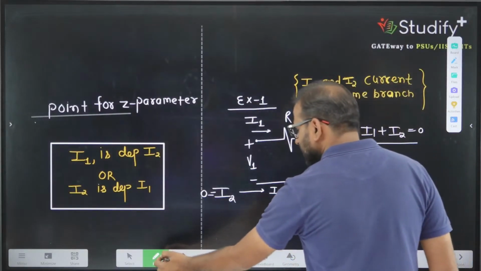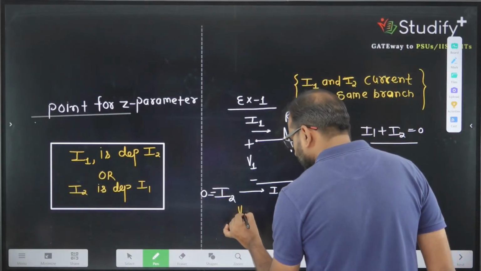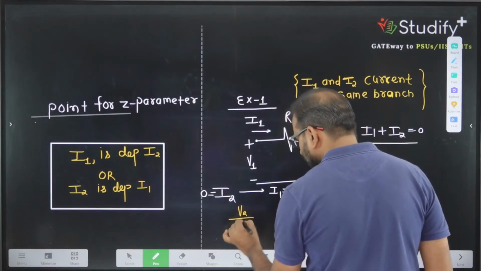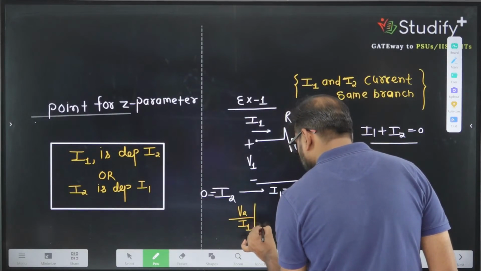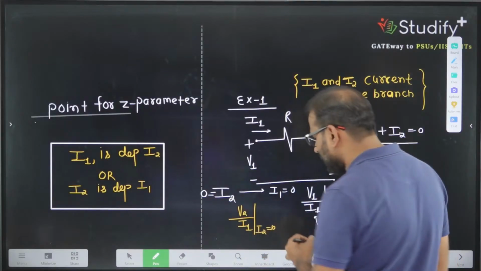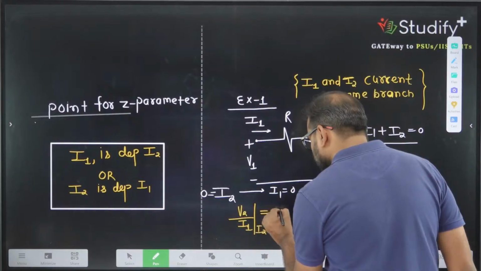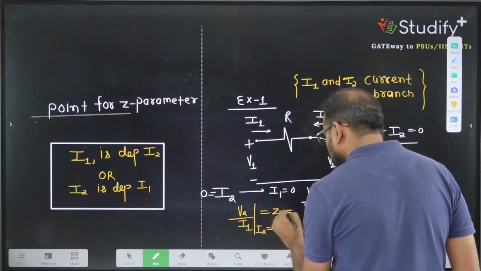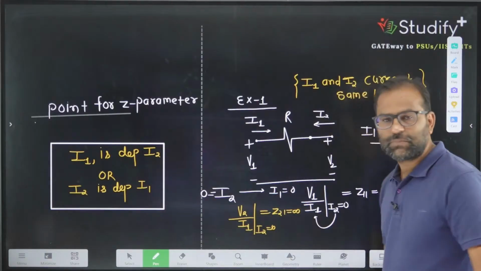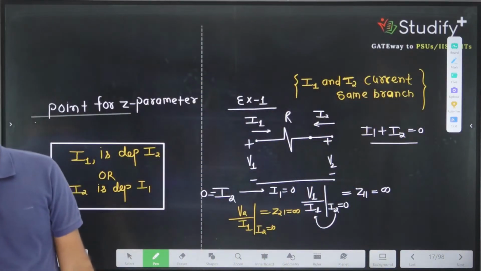If you are interested in another parameter, you can calculate V2 divided by I1 by making I2 equal to 0. I2 equal to 0 will make I1 equal to 0, and that parameter is Z21. So V2 divided by 0 is again infinite.